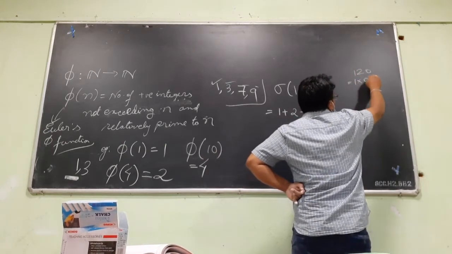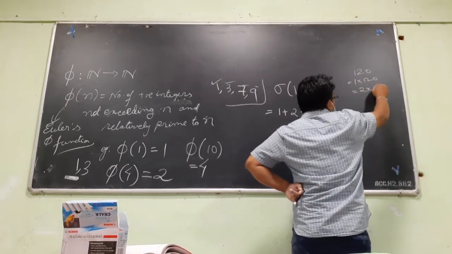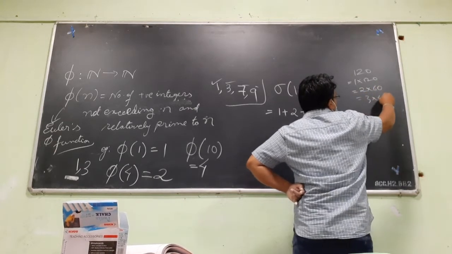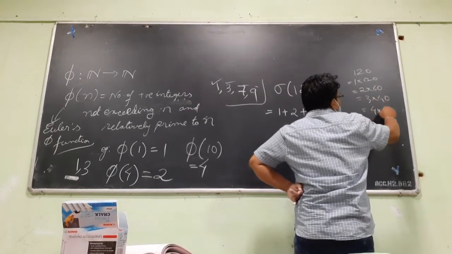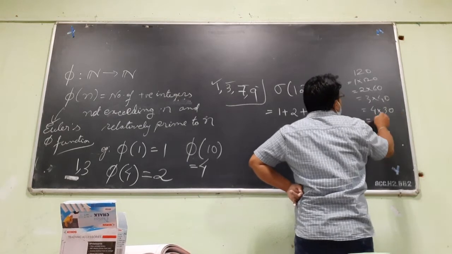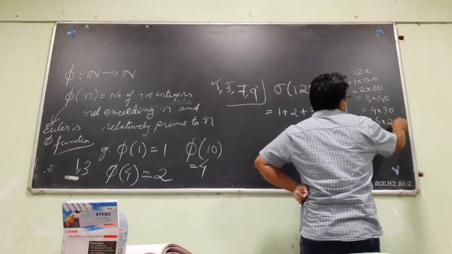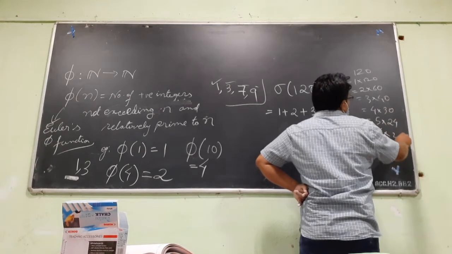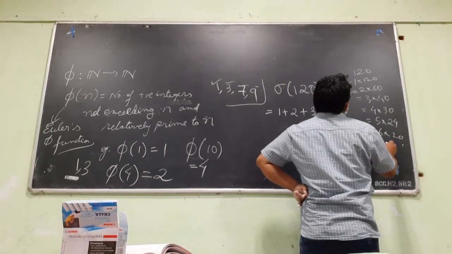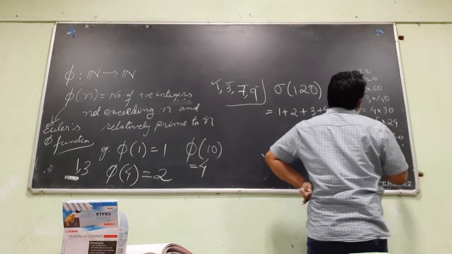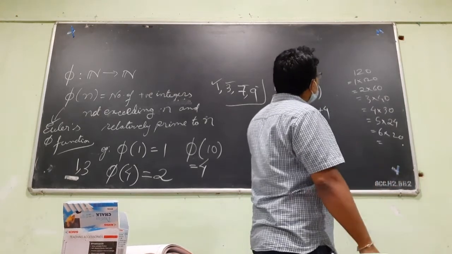1 into 120, then 2 into 60, then 3 into 40, then 4 into 30, then 5 into 24, 6 into 20, then is it divisible by 8?